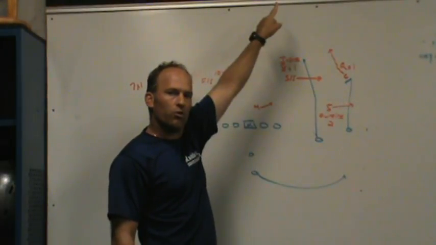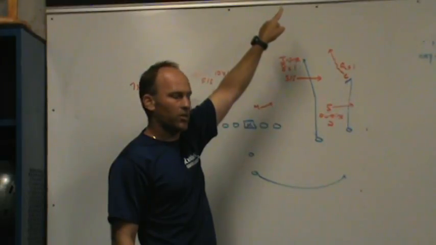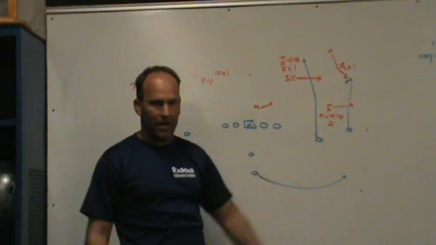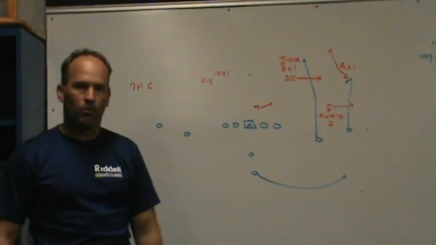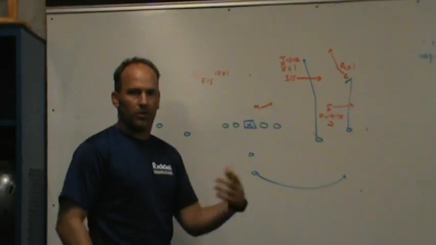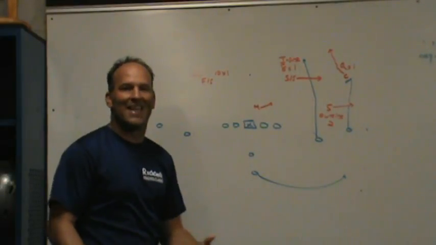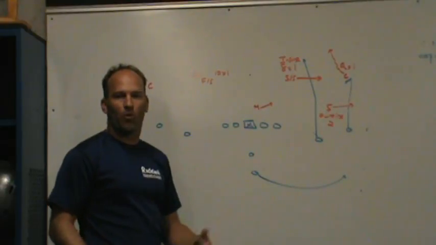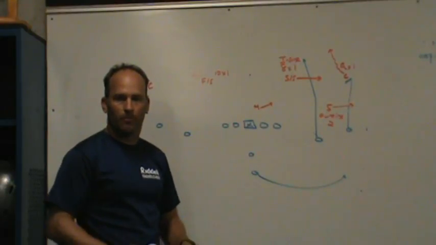If you think the corner's a deep half player in a robber concept, now run curl flat on that Sam linebacker and see if the Mike linebacker can run all the way through the curl. So again, you have to have answers on offense based on coverages, but today our talk is trying to identify the coverages to your quarterback so that he can process them a little bit simpler.